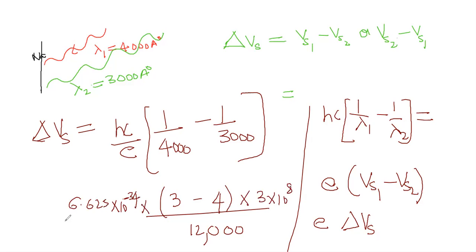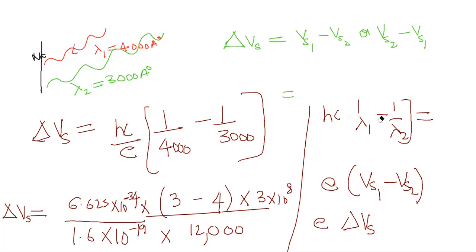What is the value of E, the electronic charge? 1.6 into 10 power minus 19. 3 minus 4 is minus 1. That's no problem. So that is giving us delta Vs. Can you solve it further? I will solve anyways.